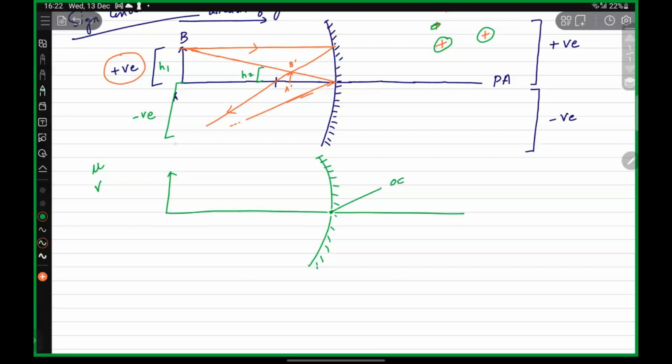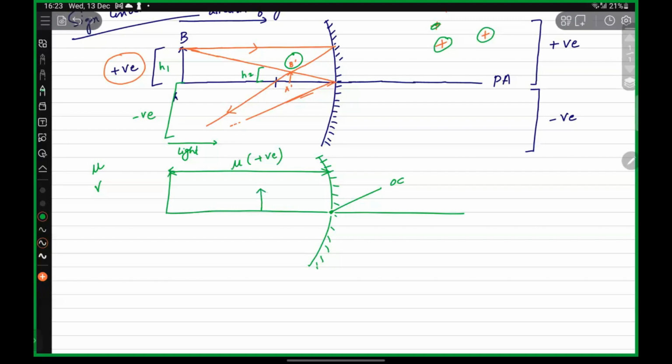Now, we know that the direction of light is this way. So light is going this way. So now, if we had to measure the distance of the object, we have to measure it this way, right? Starting from the object to the optical center, and this would be U, and it would be positive. Okay. Now suppose the image is formed somewhere here. I'm not drawing the rays.